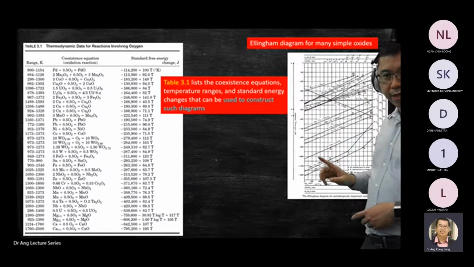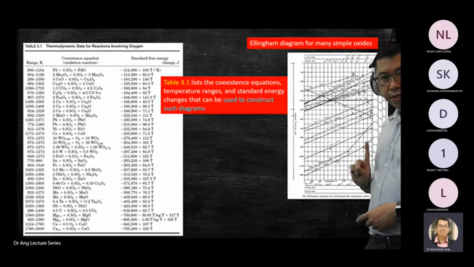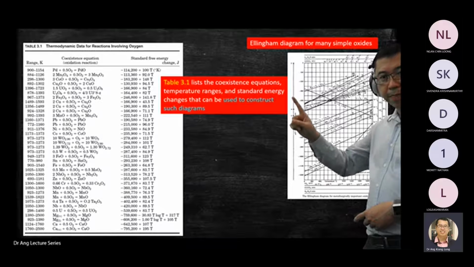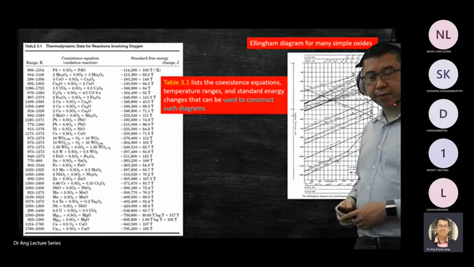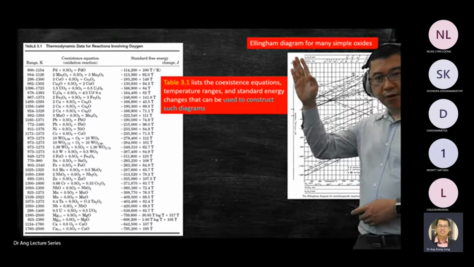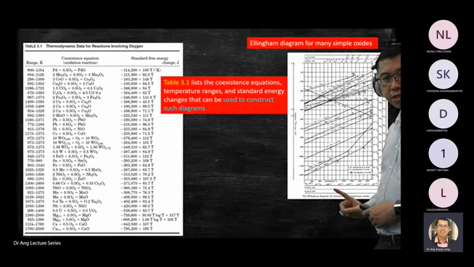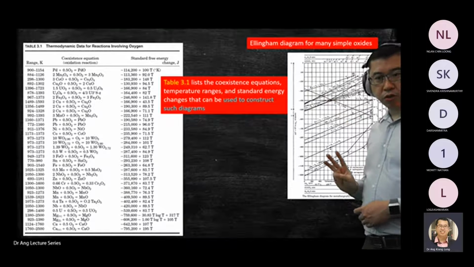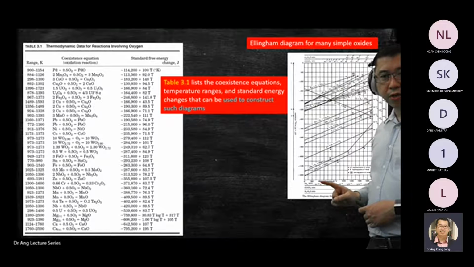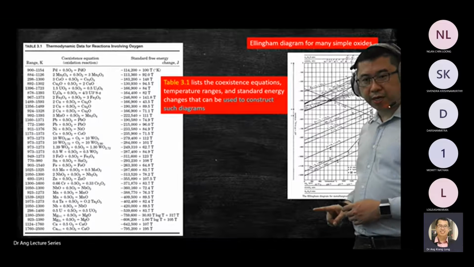If you compare the first line and the last line, this oxide is more stable compared to the first line here. On the left hand side, the y-axis is the change of energy, and the rest is just the environment in which you did the experiment. There are three conditions: oxygen, carbon dioxide, and water or hydrogen.